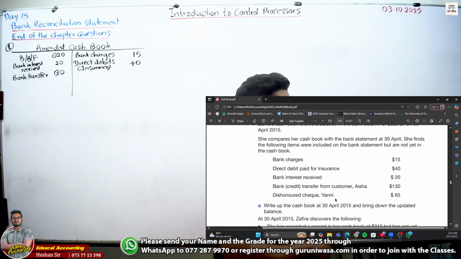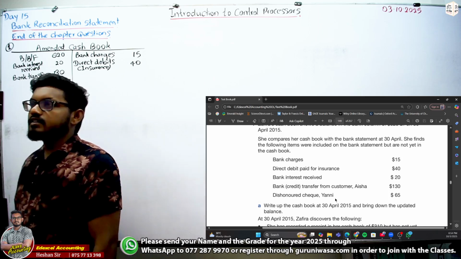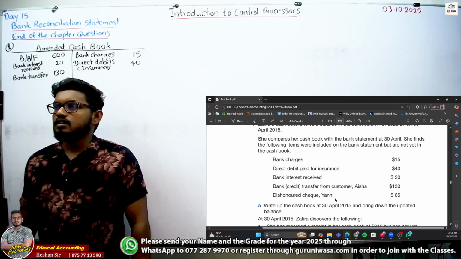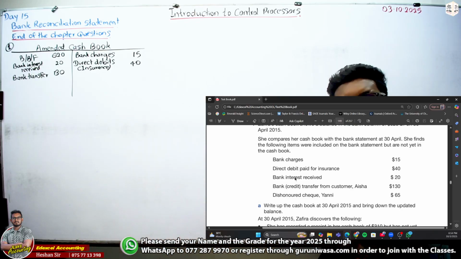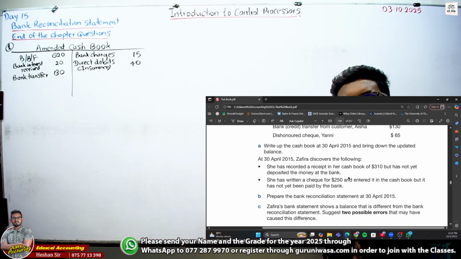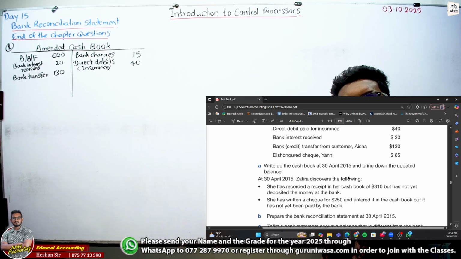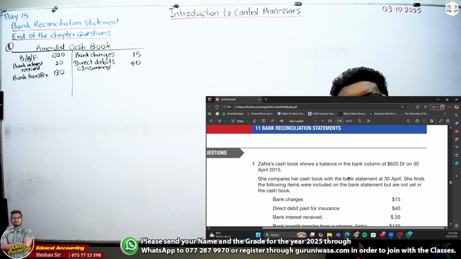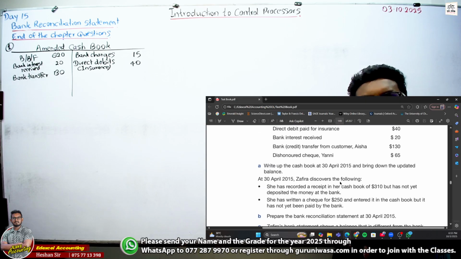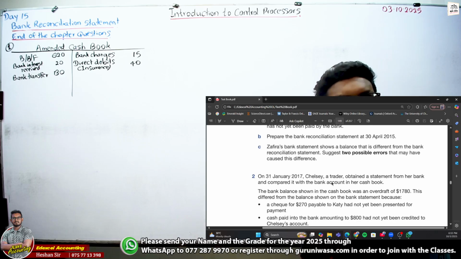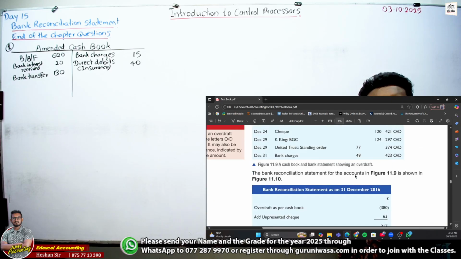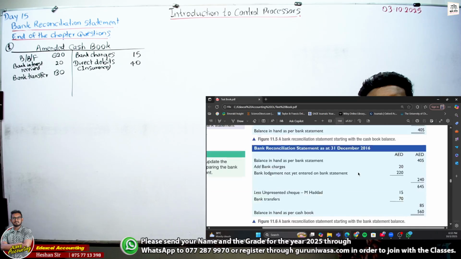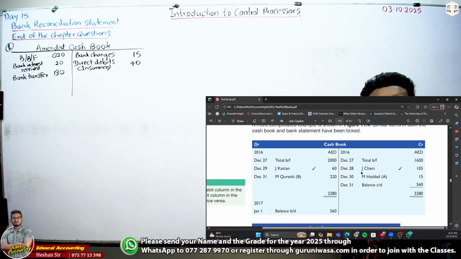So let's assume that this is bank charges, direct debits, bank interest, dishonored checks. There is nothing here about whether this is an issued check dishonored or a deposited check dishonored, just that the check was dishonored.